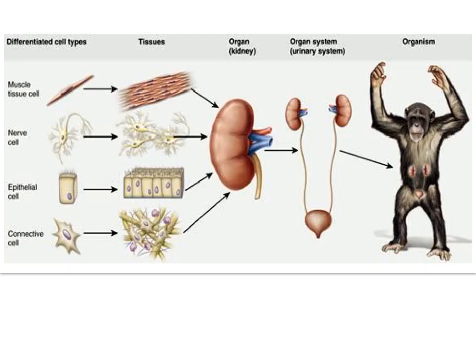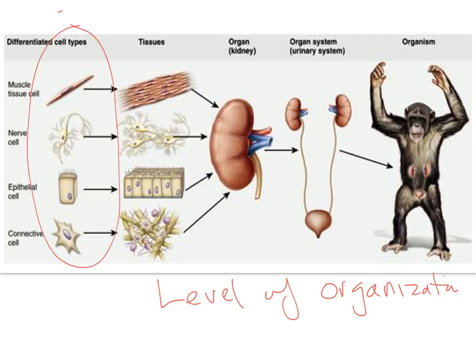So what exactly? Well, if you remember back in basic biology, we talked about the different types of organization. This diagram is called the levels of organization in biology. So we have cells, and we have different cells in the human body, and we know that cells work together to form tissues for a similar function.